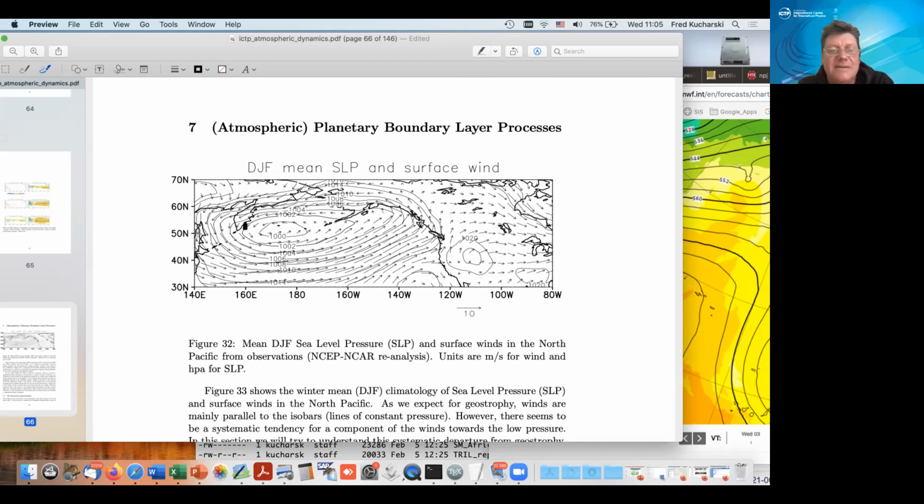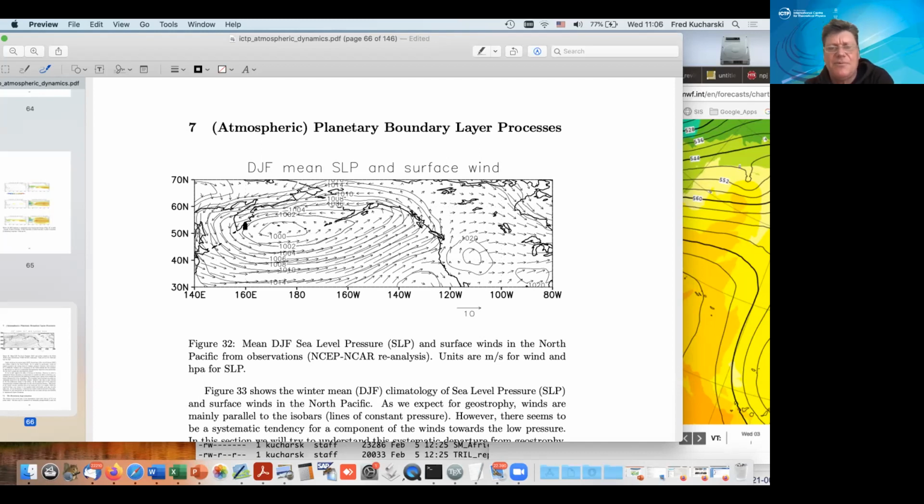And that is due to, we believe, processes in the atmospheric boundary layer in this case. But if you look on a Windy daily weather map, maybe somewhere over land, over Asia, you will see this on a day-by-day basis. If there's a high pressure system, the air is typically flowing out of that high pressure system. Or if you have a cyclone, the air is flowing into the cyclone.